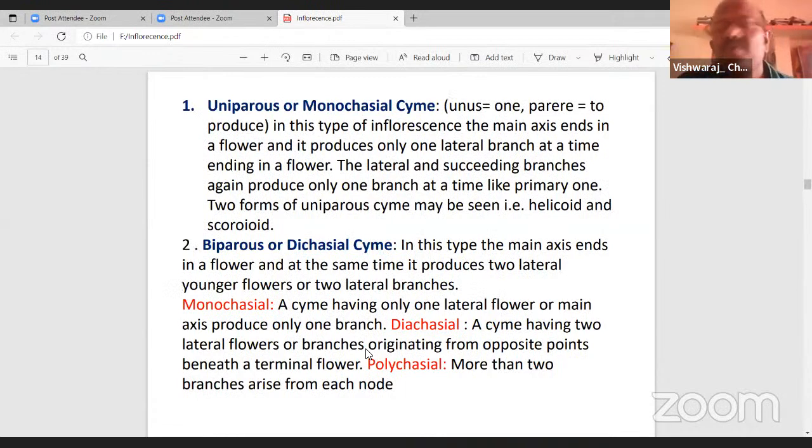Uniparous or monochasial cymes. Unus means one and parere means to produce. Uni means one branch is produced.